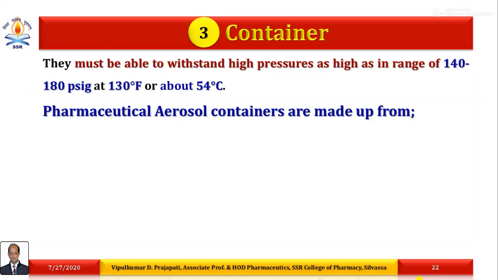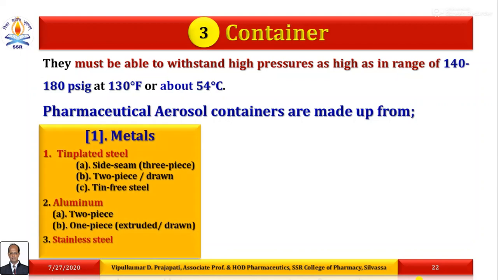Pharmaceutical aerosol containers are made from metals. Examples of metals, first is tin plated steel. Under tin plated steel there are side seam or 3-piece, 2-piece or drawn, and third is tin free steel. The second type of metallic aerosol containers are aluminum, of 2-piece or 1-piece. The third type of metallic containers are stainless steel.